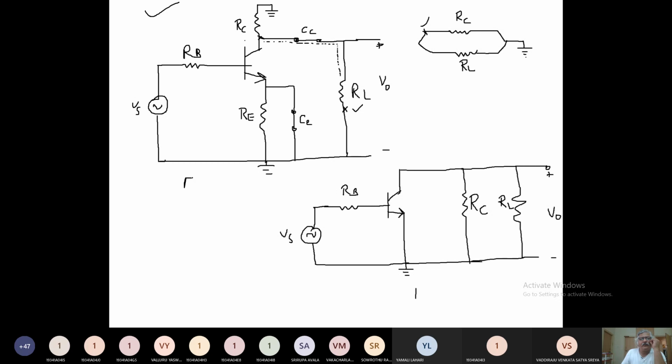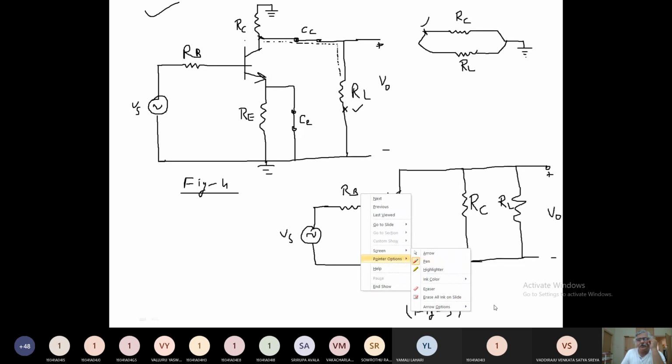This figure is 4 here. And this figure is 5. Right?